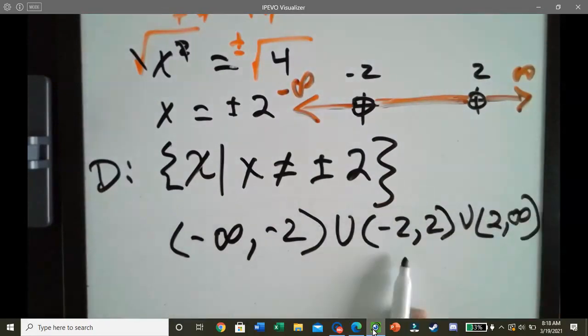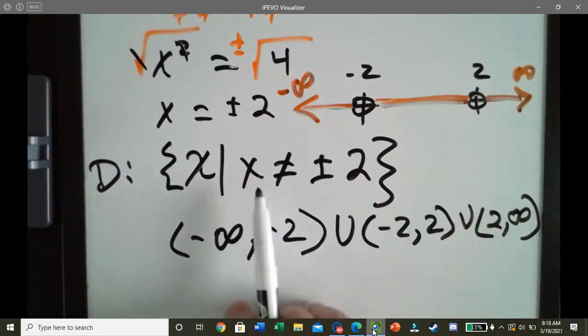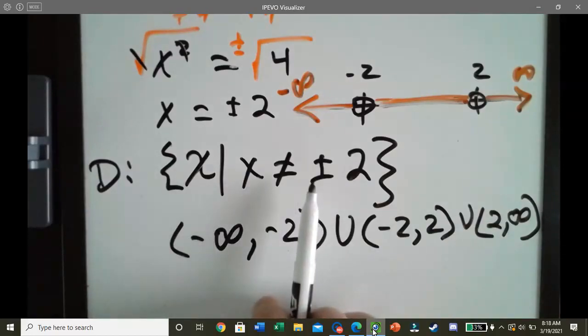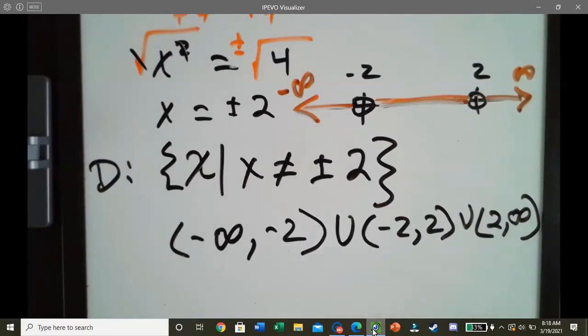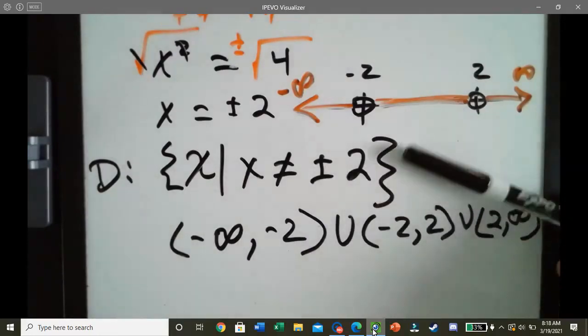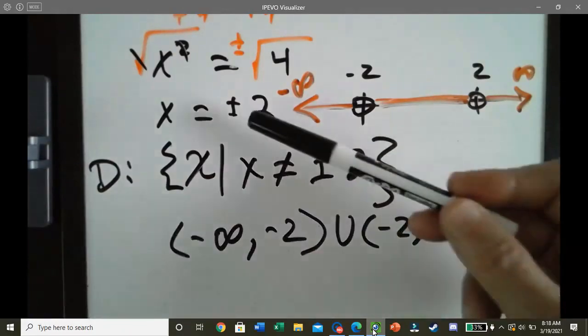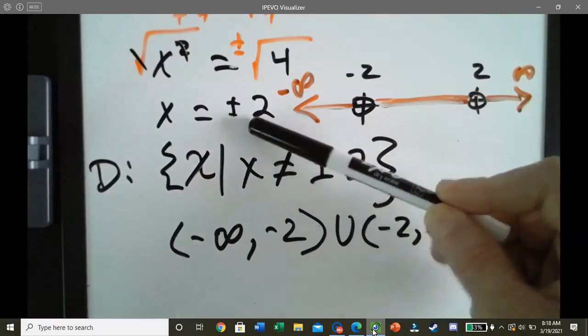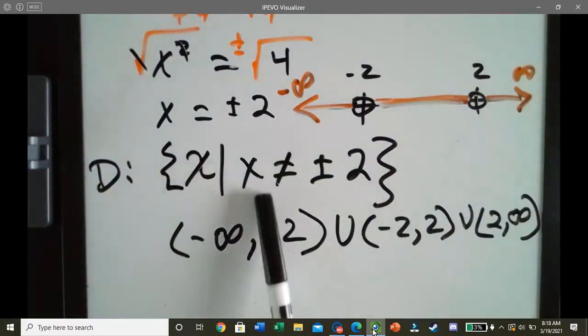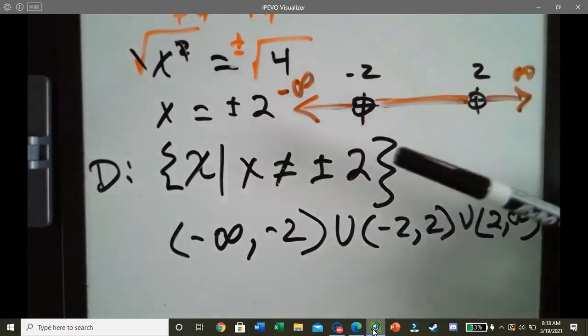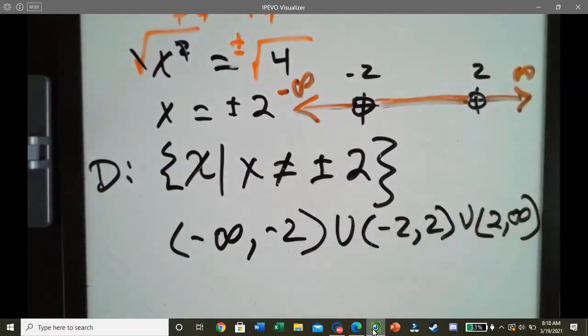It depends on the textbook which one they go with. The set notation one is easier because you just take your solution and put it in brackets with not equal to. The interval notation is a little more involved, but either one is equally correct. It just depends on which way the author wants you to write it.